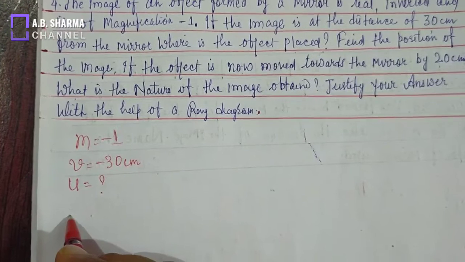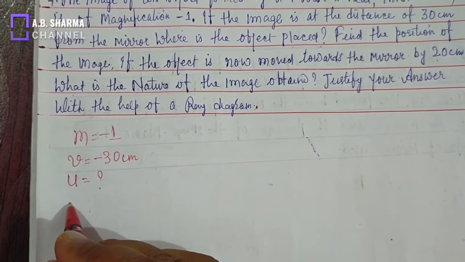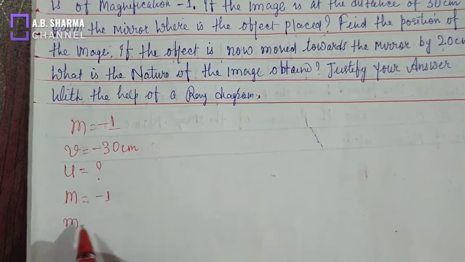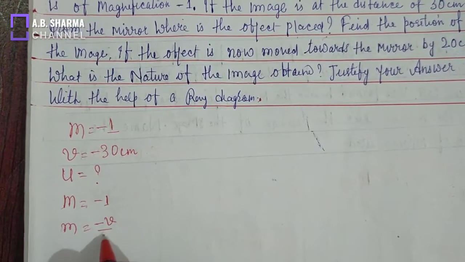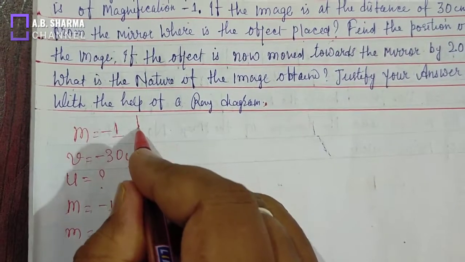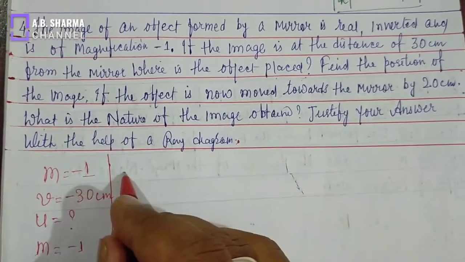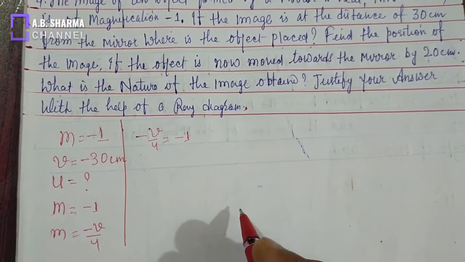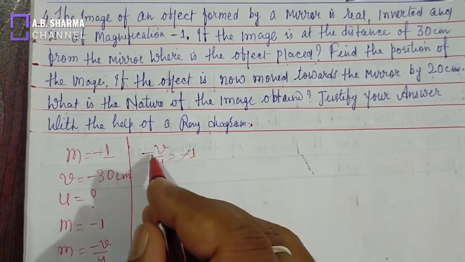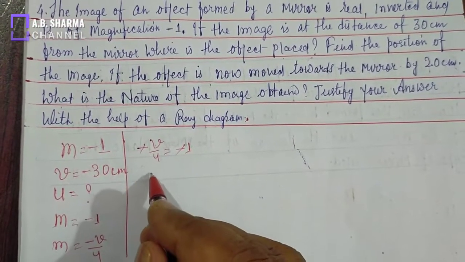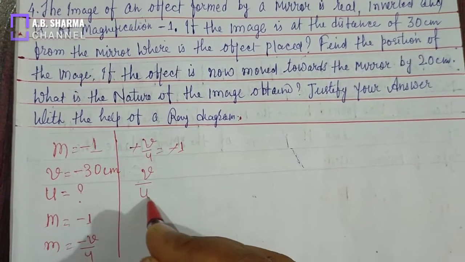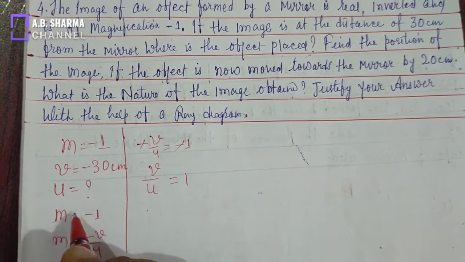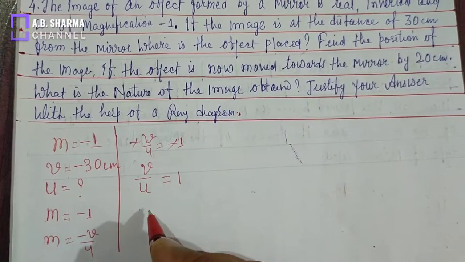We know that from the formula of magnification, m equals minus 1, or m equals minus v by u. So minus v by u equals minus 1. Minus from both sides will be eliminated. So v upon u equals 1 and v equals minus 30.